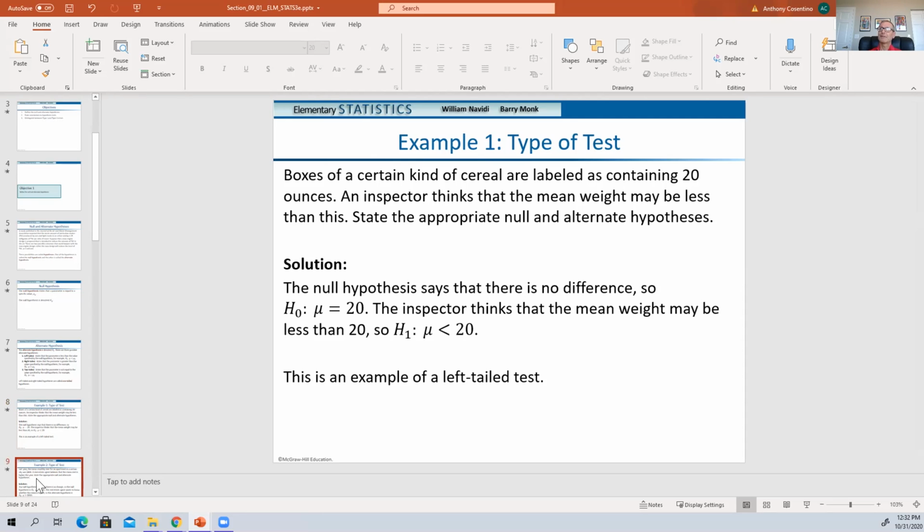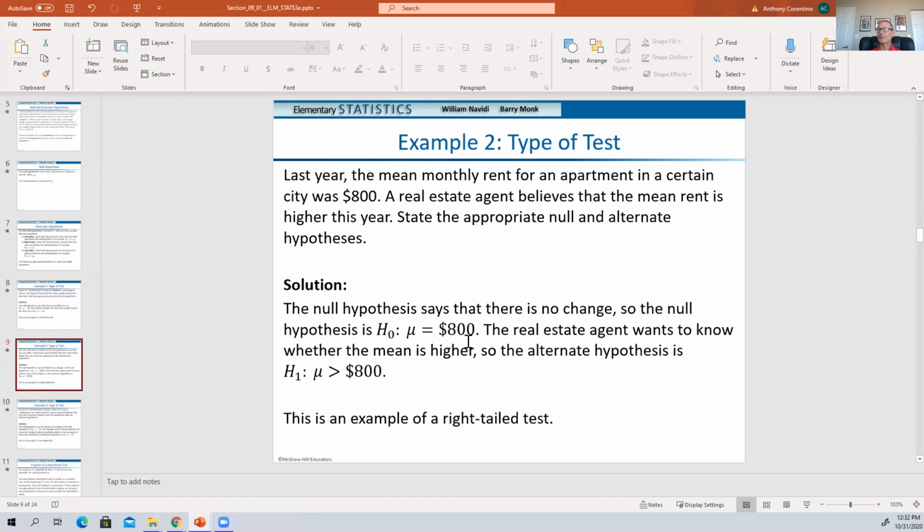This example has a real estate agent where the rent of an apartment in a city is 800, and they think it's higher. Again, equals is the mean, which is the null, and now this would be a right tail test because it's greater than.